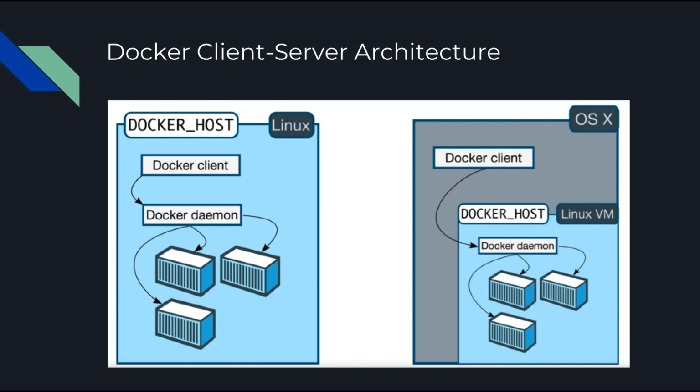But you cannot install a Docker daemon directly on a Windows machine or OS X because they don't have a Linux kernel. So on those, you need to have a Linux virtual machine installed, inside which you will run the Docker daemon, and that way you can get going.